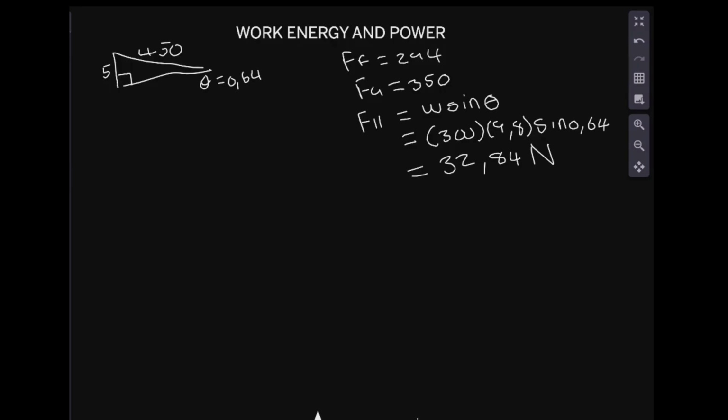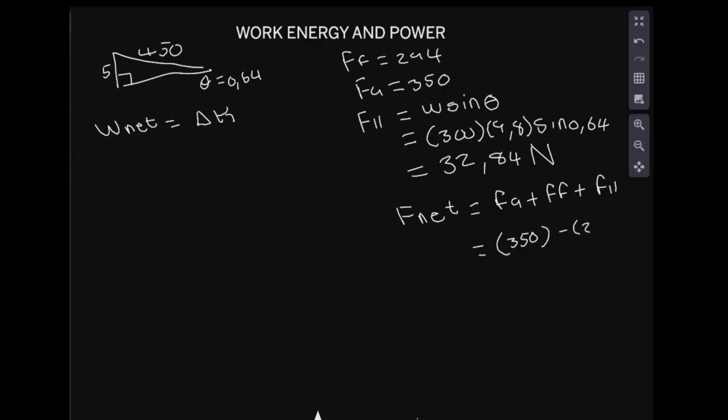Now, I'm going to write a formula here: the total work done is equal to delta K, kinetic energy. Now we need the total work done, but here we have all the forces. So we can say that F net is equal to F applied plus F friction plus F parallel. We know that F applied is 350.